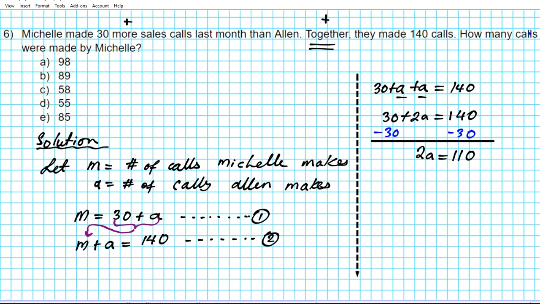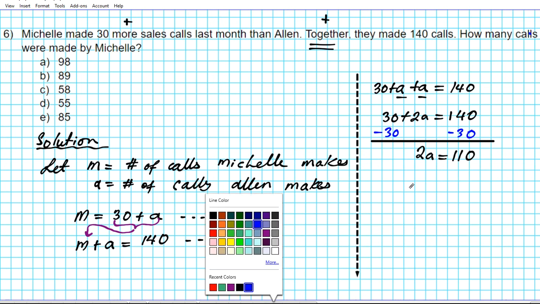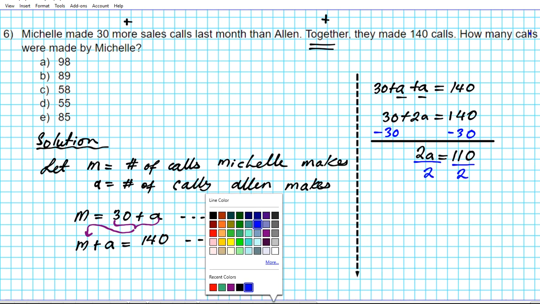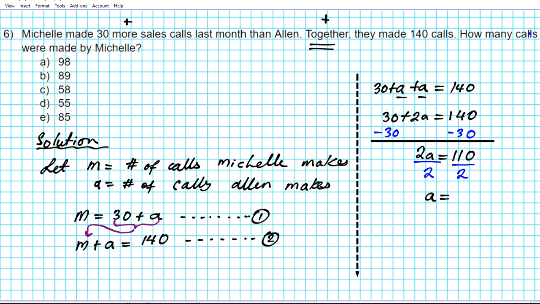And then we're going to proceed to divide both sides by 2 in order to get the number of calls that Alan made. So dividing both sides by 2, we're going to have A is equal to 55.